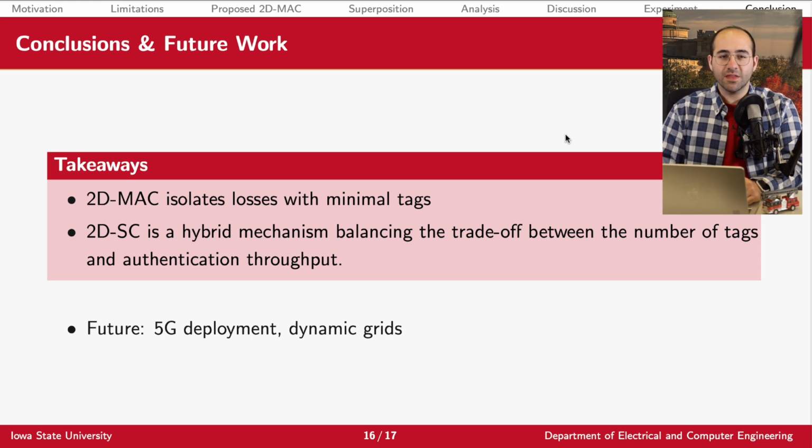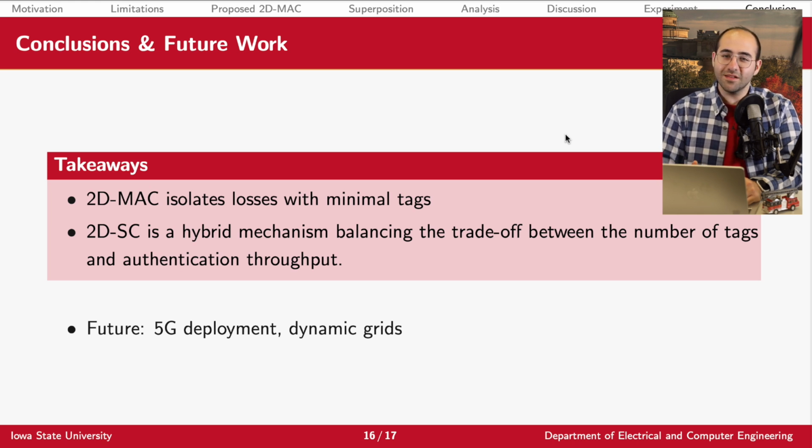Now, let's wrap up with the key takeaways. Traditional and 1D MAC attach one tag per message or multiple messages, which is straightforward but very inefficient in lossy channels. Two-dimensional MAC arranges messages in an m by n grid and computes one tag per row and one tag per column.